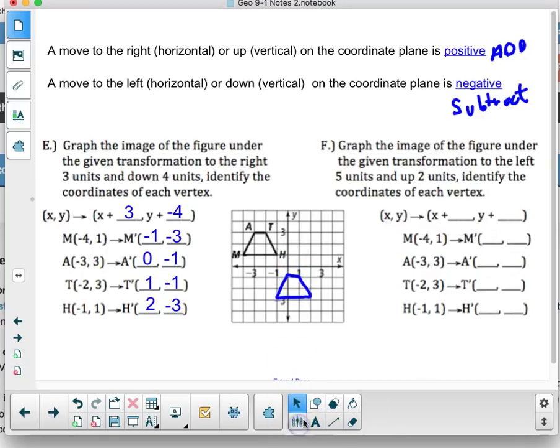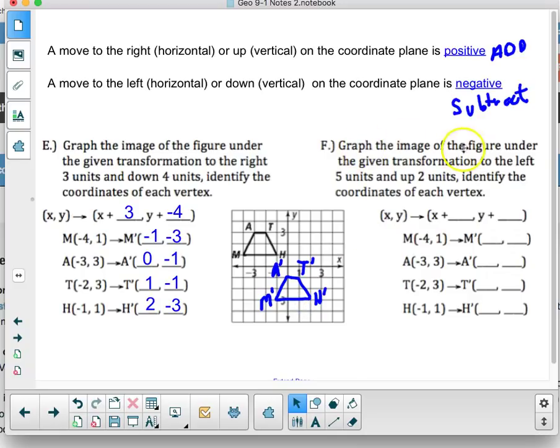Then I should have come up with A prime, closest there at 0, negative 1, and M prime at negative 1, negative 3. I should come up with T prime at 1, negative 1, and H prime at positive 2, negative 3. So that's where my figure lined up. I should probably pull that down a little so you can see where those things are.